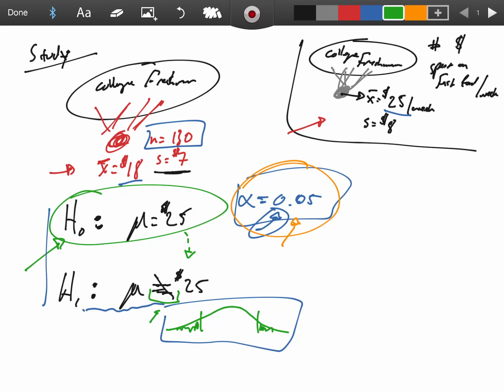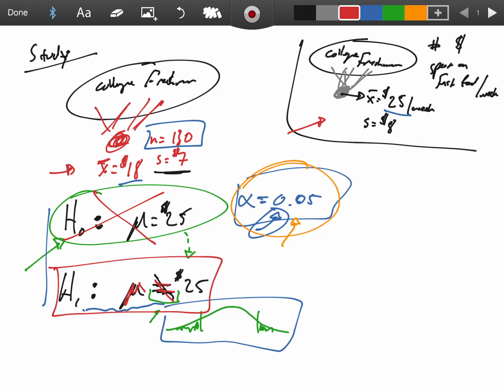So number one, I would look back at my study and say, okay, let's come back here. I was in the region of rejection, so guess what? I can reject the H naught, which means that I'm accepting this. And so all I'm saying in this study is that my alternative hypothesis, which says that the mean is not $25 a year.